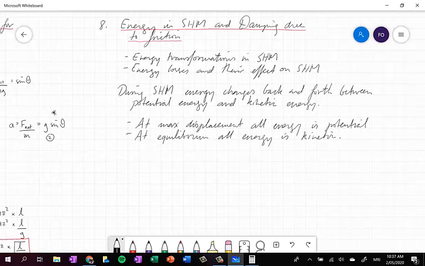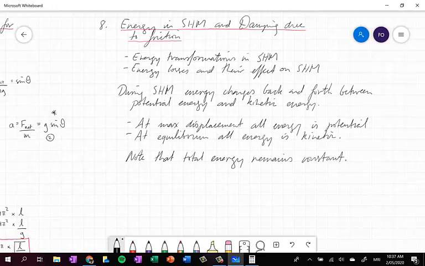And note that total energy remains constant.